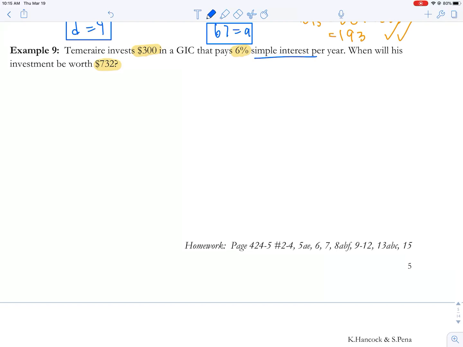Back in grade 7, you would have done I equals P times R times T. You could figure out the interest. You could figure out how much it grew by, all that kind of stuff. We're not going to be doing it this time. Instead, we're going to be using T_n equals A plus (n minus 1) D, where n is going to be our number of years.